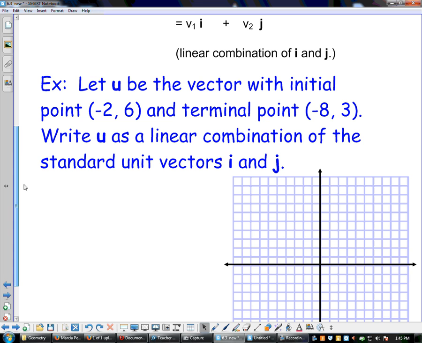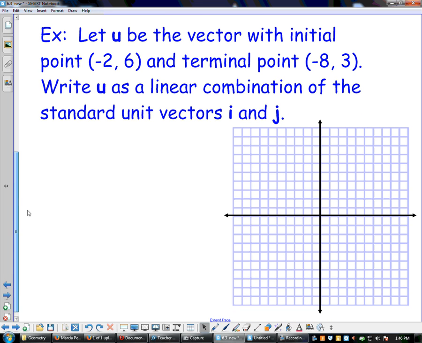Okay, so let U be the vector with initial point negative 2, 6. Negative 2, 6 is right here. And the terminal point is at negative 8, 3. All right, so this vector looks like this.